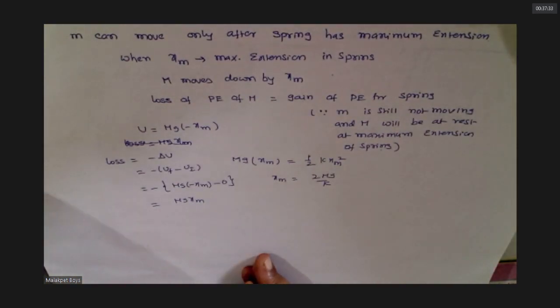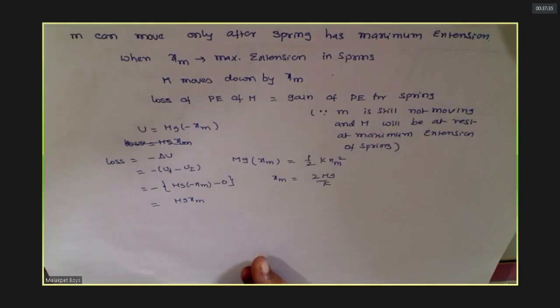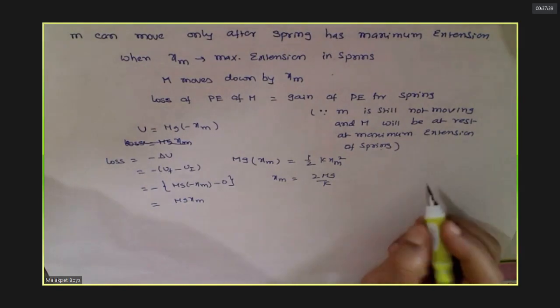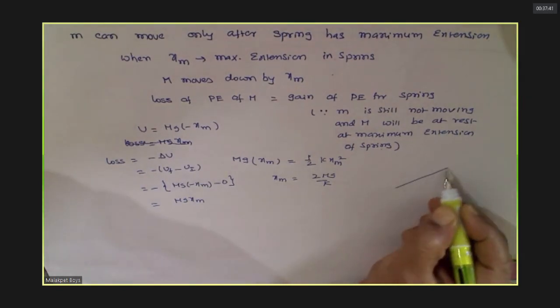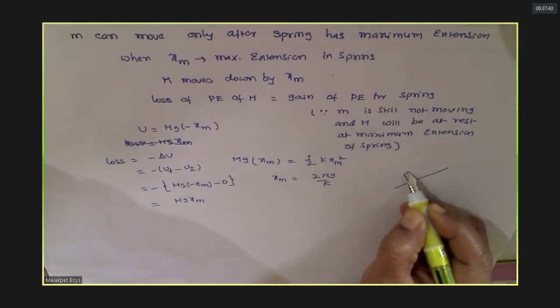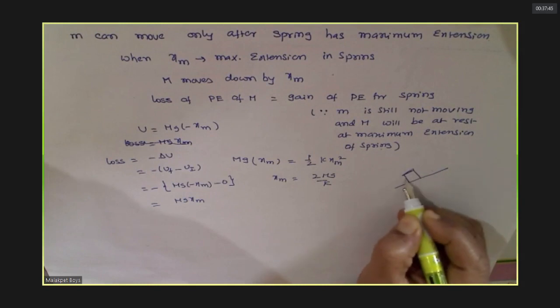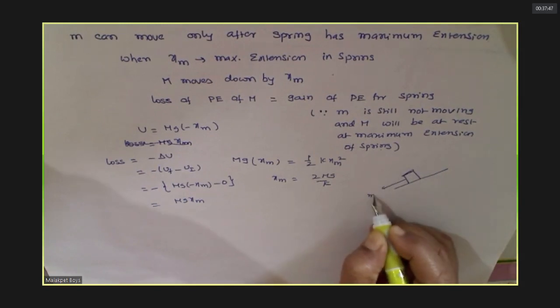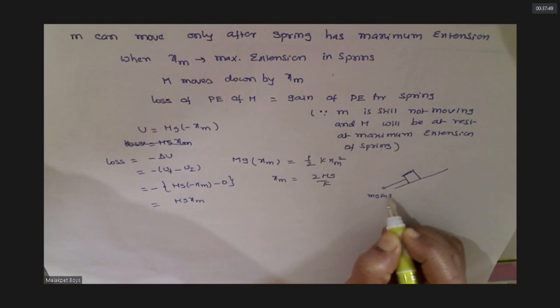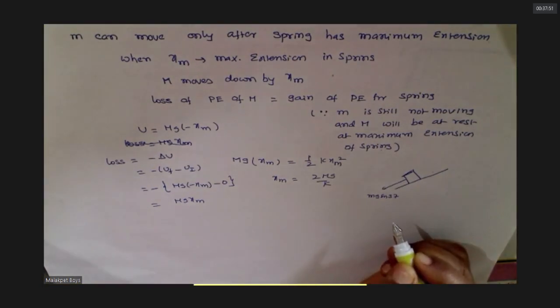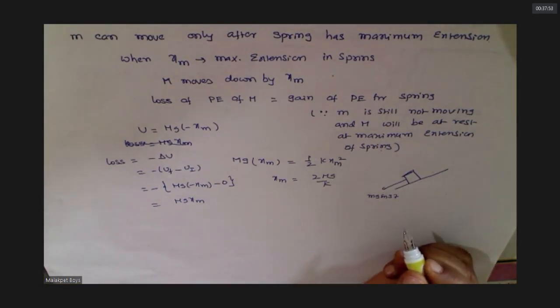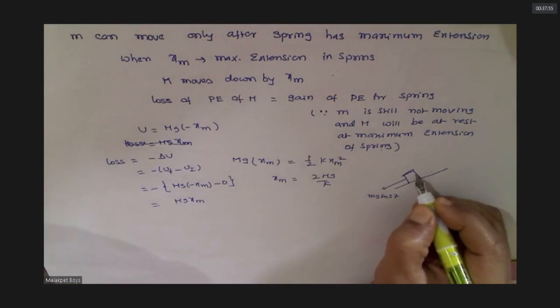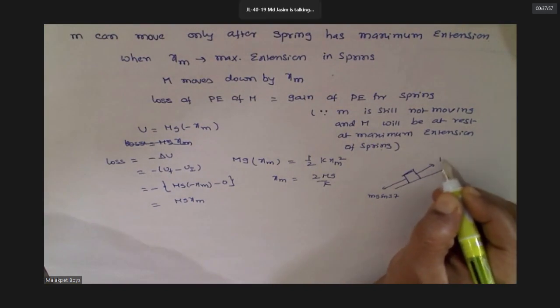Now you can see, what are the forces? This block is there. This is mg sine 37. Friction downward.